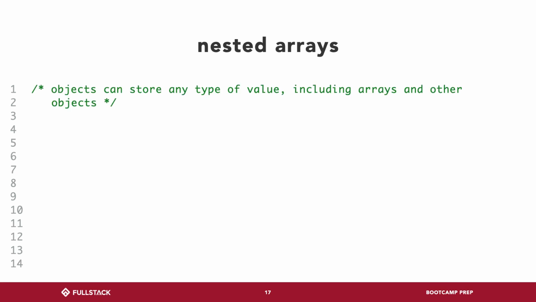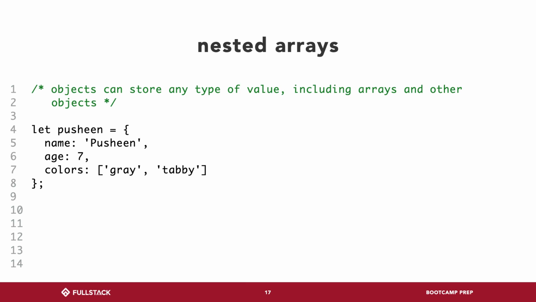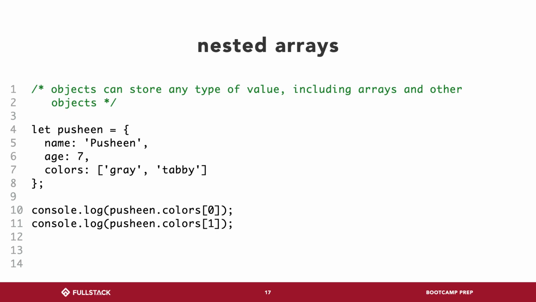Nested array. I didn't show you this, but objects can store any type of value, including arrays and other objects. So here we have colors is now an array of gray and tabby. Well, I did show you this with my man Gandalf. So Pusheen.colors[0], Pusheen.colors[1] gives us gray and tabby.